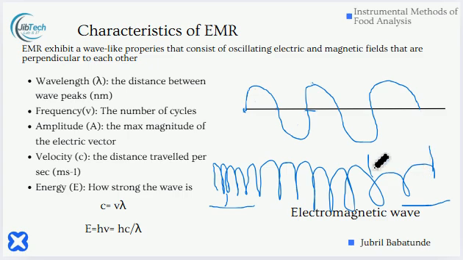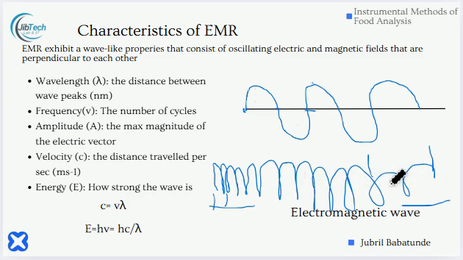But if you look at this place, this is one cycle, this is one cycle. This is half a cycle, this is half a cycle. The distance from here to here should be a cycle. So you will notice the distance here is higher compared to the distance from here to here that forms one cycle. That is frequency for you. The frequency is the number of cycles per second.